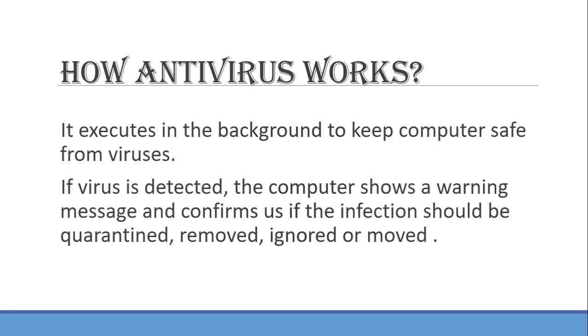You may have observed that if you have antivirus in your computer system and you are going to access a specific type of website, a message pops up, a warning message from your computer that this site is not safe, right? And if you want to go with it, it may damage your computer's files or some of the processes, and if you give the permission, you can access it. But this is a type of warning message that your computer gives, and it is with the help of an antivirus program, right?